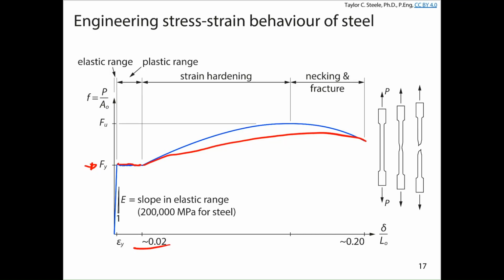In this course, we call that Fu, the ultimate tensile strength of the steel, versus Fy, the specified yield strength for the structural steel. Shouldn't be anything new here. Important to identify Fy, Fu, and to highlight the naturally ductile behavior that we get from structural steel when we pull it apart in tension.